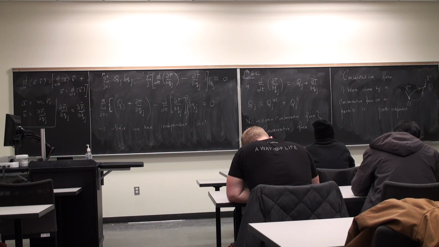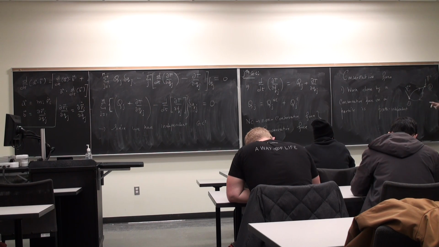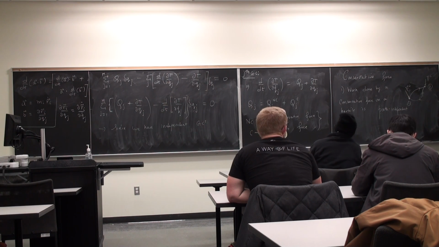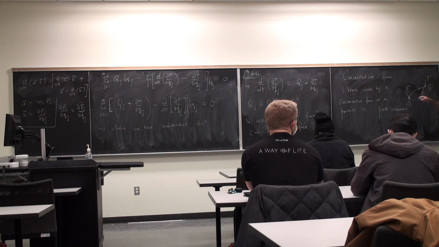The second condition is that if the particle travels along a closed loop path, goes from point 1 to point 2, and then travels back from point 2 to point 1, the net work done by the conservative force, if I add up the work done on path 1 and then path 2, has to end up being equal to 0. So the net work done by a conservative force on a particle that travels along a closed loop path is 0.